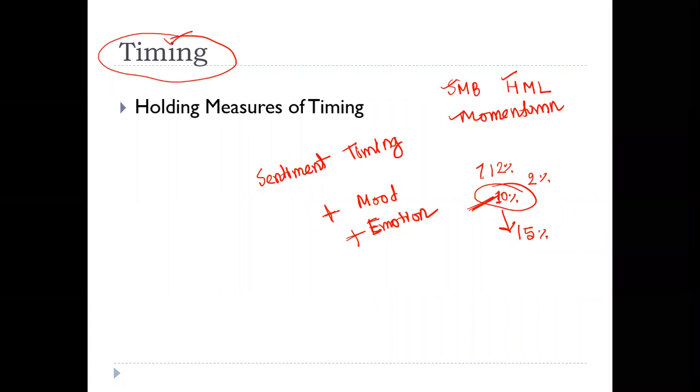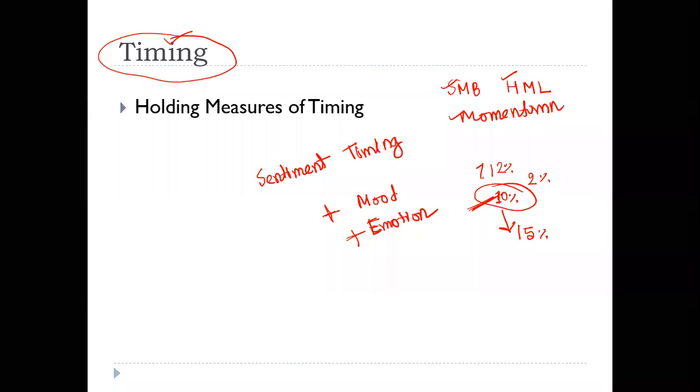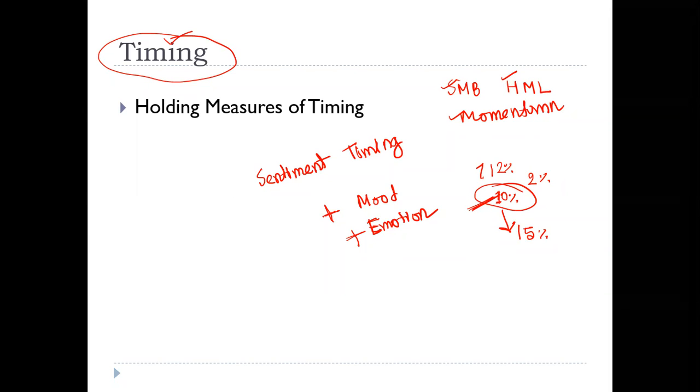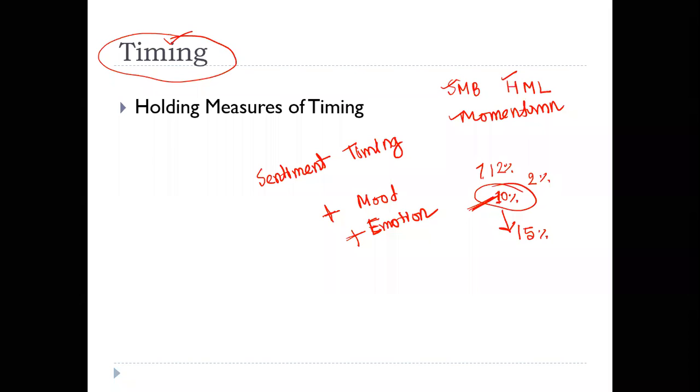Timing involves taking exposure in a factor which is anticipated to give higher return in the market, and reducing the exposure in that factor when you anticipate that it will underperform or give low return in coming days. So you take the appropriate decision in that way.